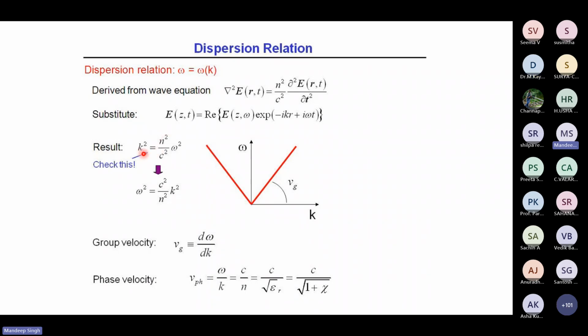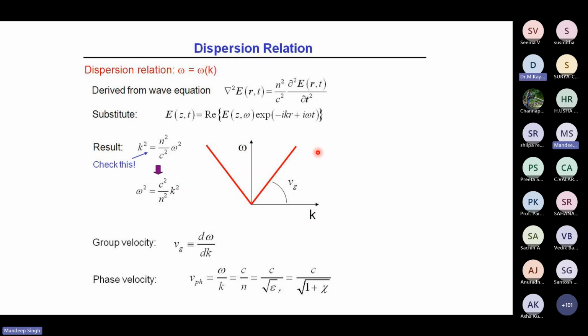And from this, we will first get the omega square value. We have to transpose different terms. So you will get the final relation relating your omega square, the angular frequency, with the velocity of light, refractive index, and propagation constant k. Once you analyze this in MATLAB, you can see the relation of omega versus k looks like this.